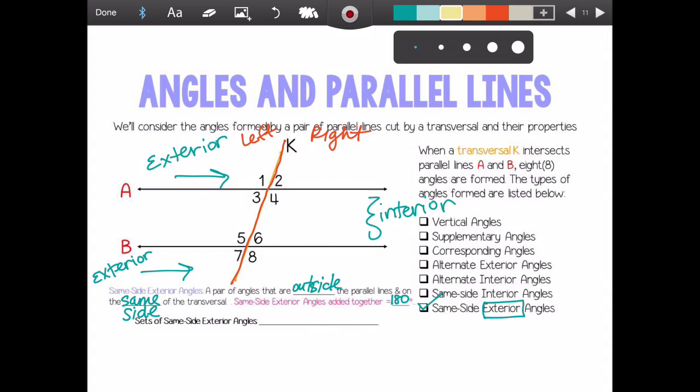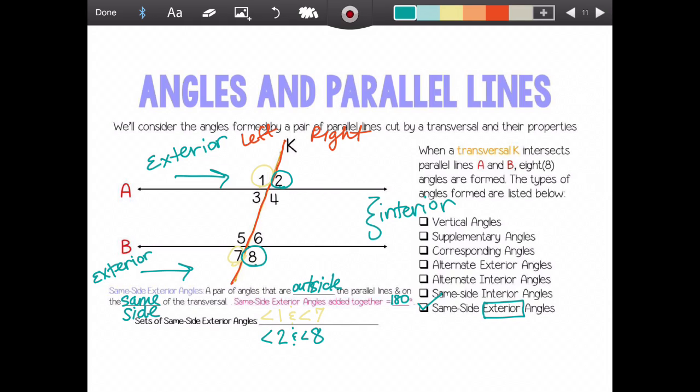So that means angle 1 and angle 7 are same side exterior angles. Angle 1 and angle 7. Okay, that's on the left side. If we look on the right side, we can see exterior outside, angle 2 and angle 8. Okay, angle 2 and angle 8.